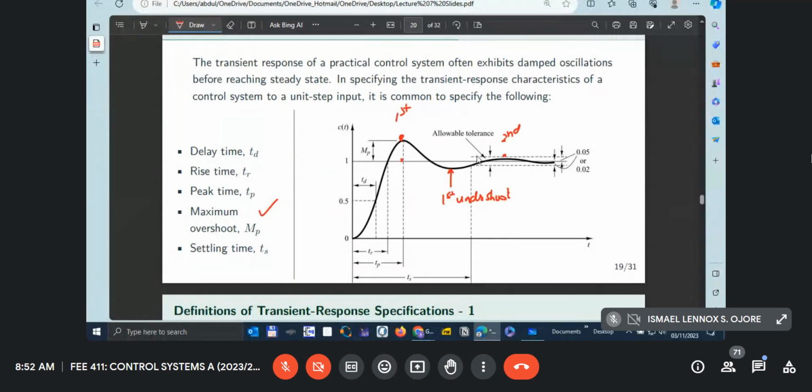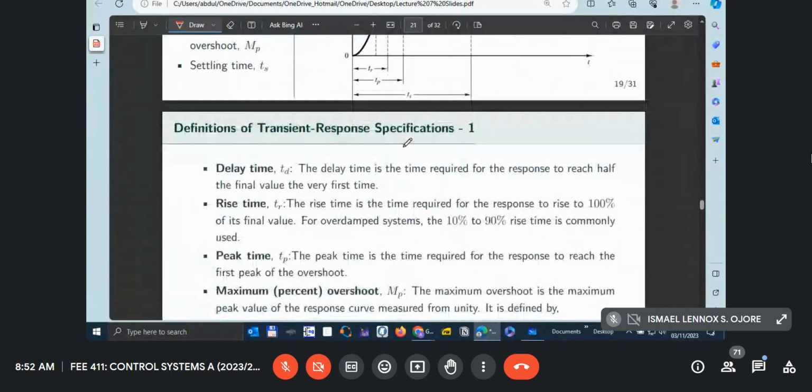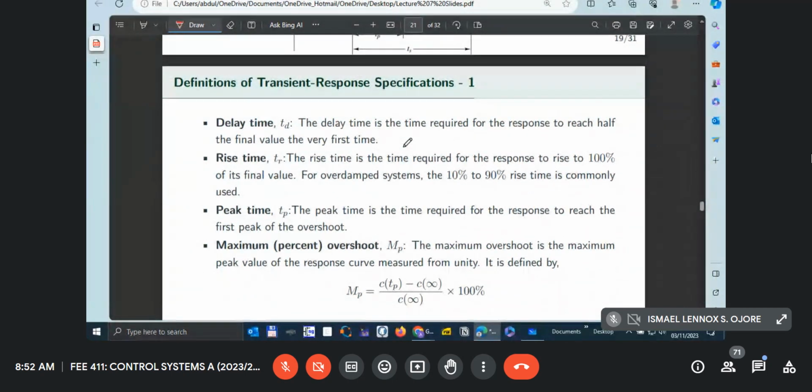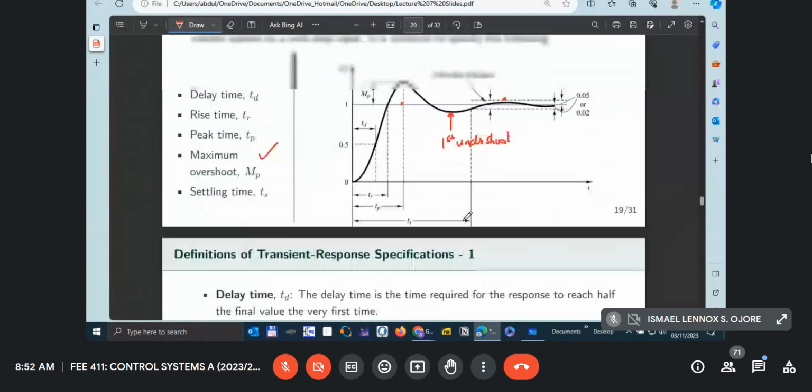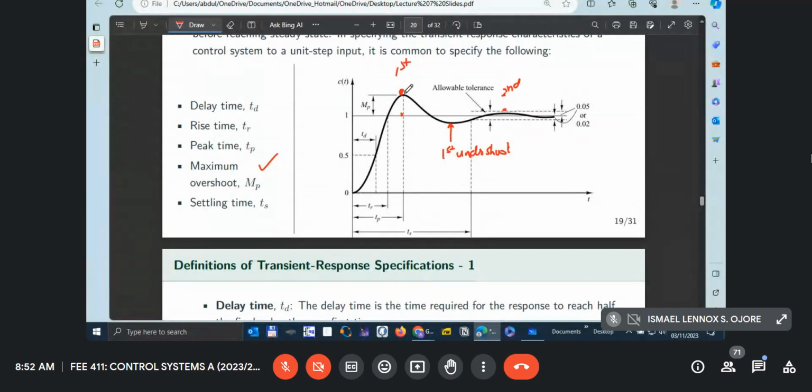So we define Tp for the first peak. The peak time is the time required for the response to reach the first peak of the overshoot. So this is overshoot and this is undershoot. That is the first overshoot and this is the first undershoot. That is the second overshoot.